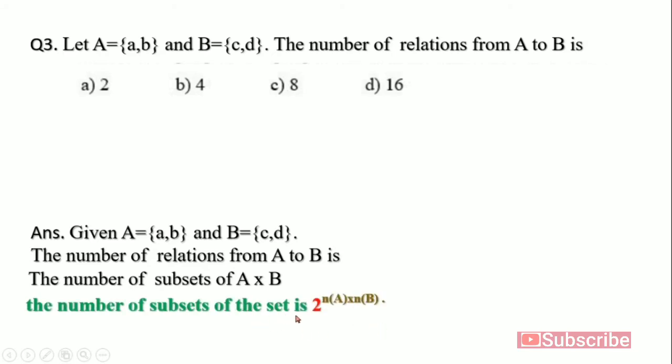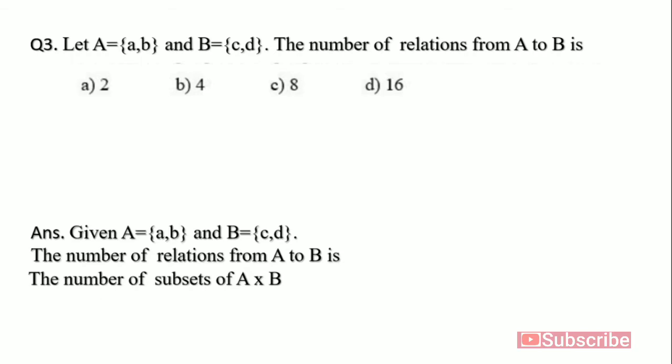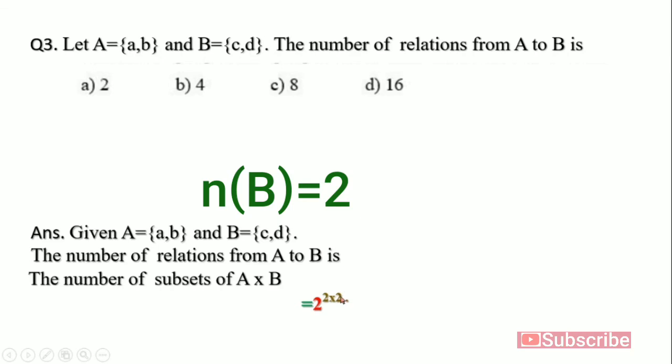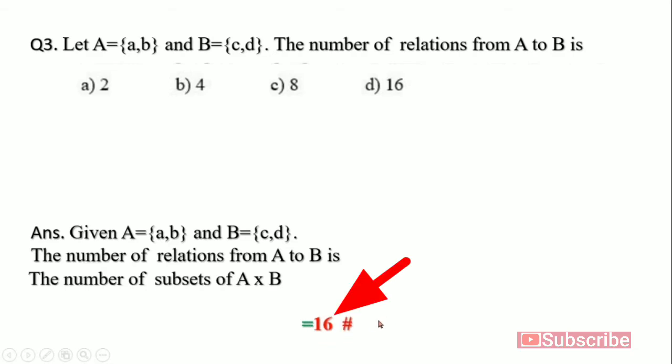Now number of subsets of the set is 2 to the power n(A) cross n(B). n(A cross B) means n(A) into n(B). This is another point to be noticed, right? Next, n(A) means 2 elements are there and n(B) 2 elements, so 2 into 2. So 2 to the power 4 is equal to 16, isn't it? This is your final answer. I think this is your correct option.